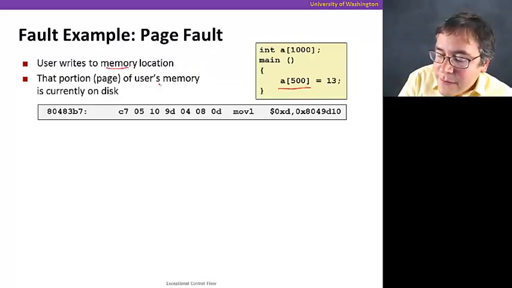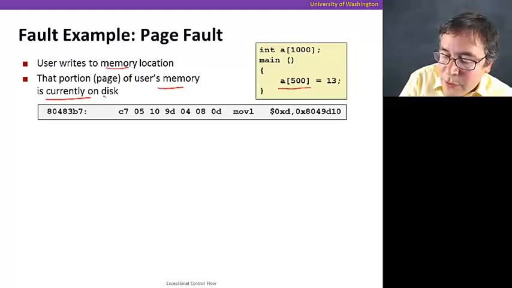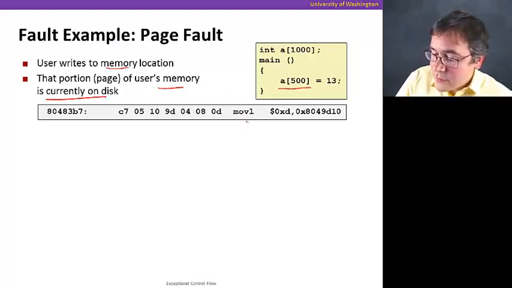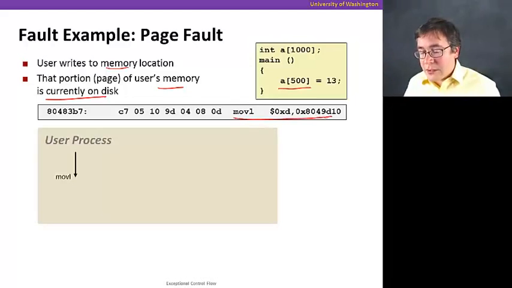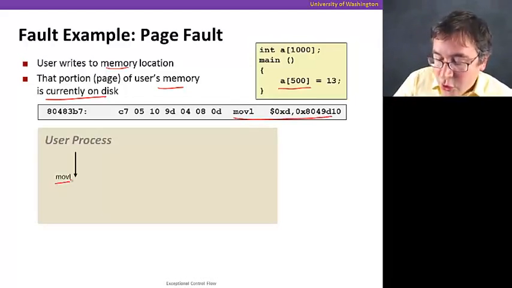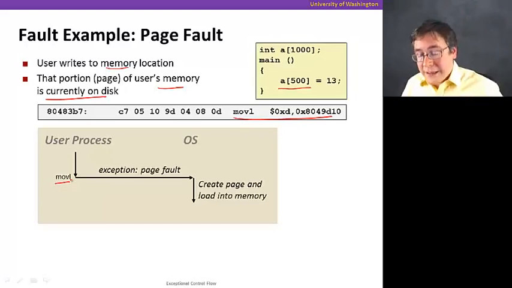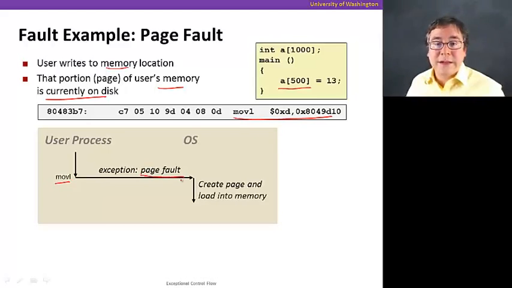If it so happens that that portion of the user's memory is currently on disk, not in actual memory, you're going to see that in more detail in virtual memory, but it could happen that whenever you touch a memory location, the memory actually isn't there yet. So we have to transfer control to the operating system to actually map that page in. Whenever you execute that instruction, if the page is not in memory yet, this leads to what we call a page fault exception.